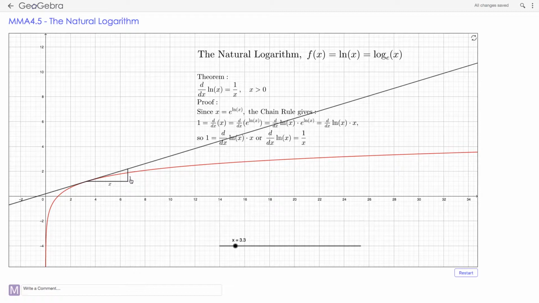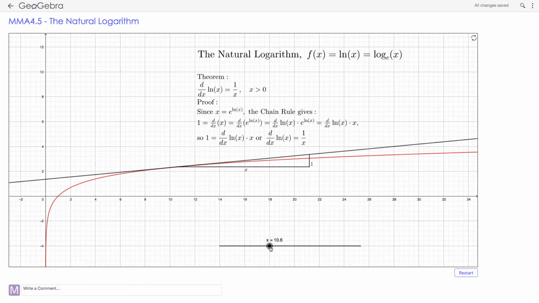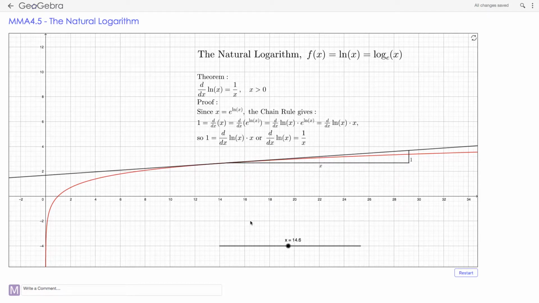Right? So in other words, for the logarithm, if you take a step of length x, you only go 1 up. And that applies anywhere, right? So if you're at 14 and go 14 ahead, then you just take 1 step up. So this is a very, very slowly increasing function.